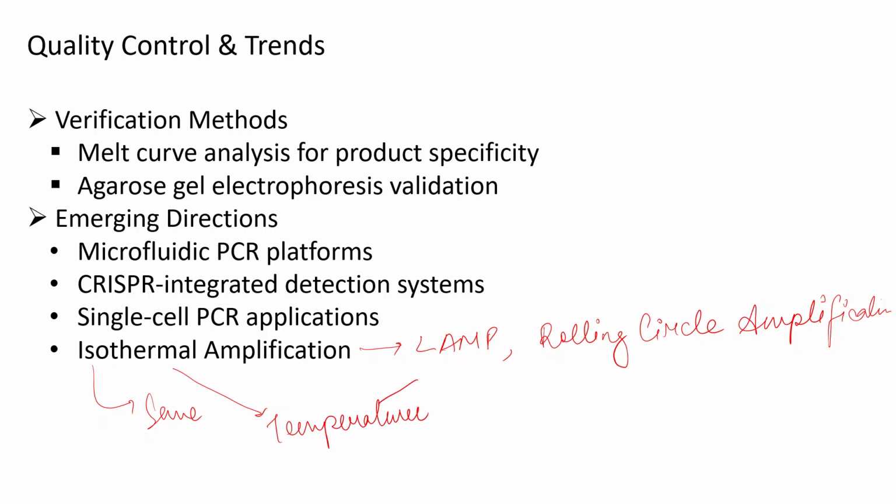People are currently working on using it at room temperature, so that you can use these methods in resource limited settings, because PCR involves a thermal cycler and detection methods, which in some resource limited settings can be a bit difficult to operate.